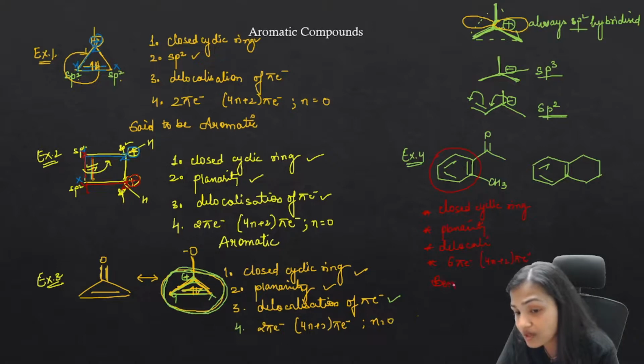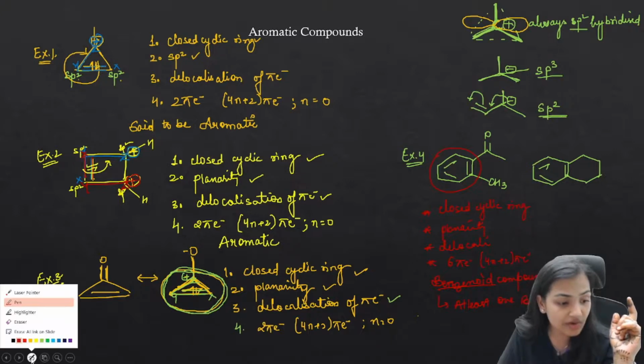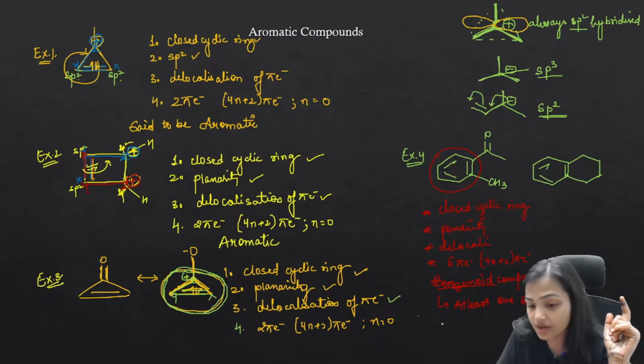So overall, in simple words, benzenoid compounds are such compounds which have at least one benzene ring. Whenever we have at least one benzene ring, such benzenoid compounds are said to be aromatic in nature. They will always be aromatic in nature.